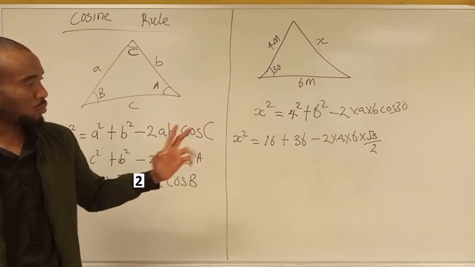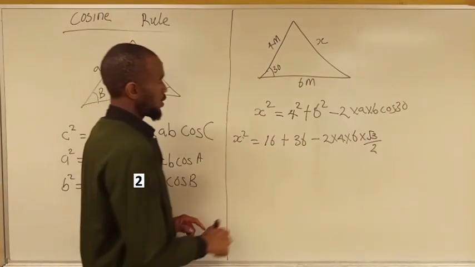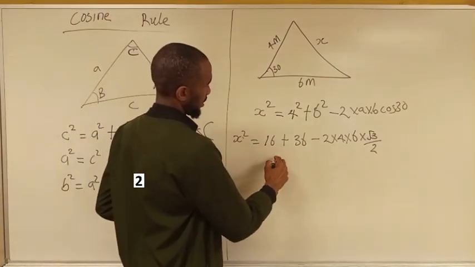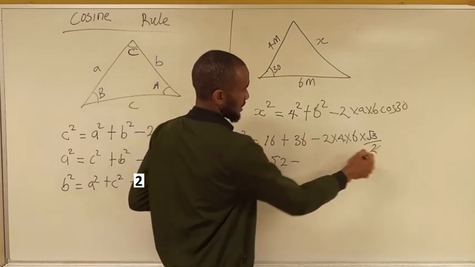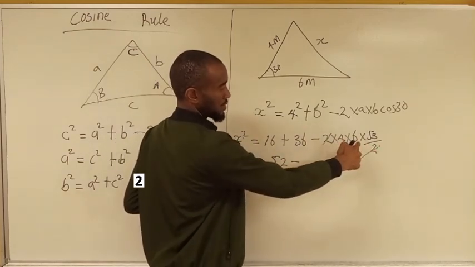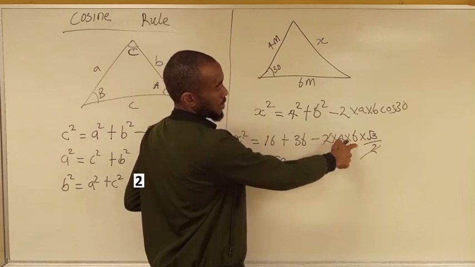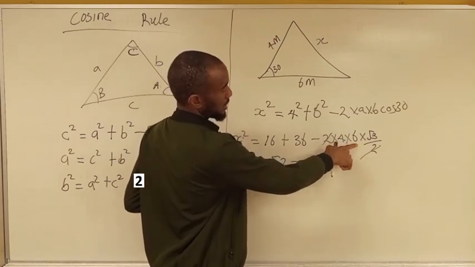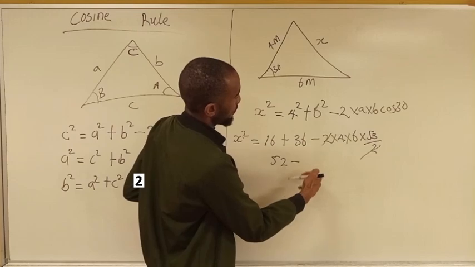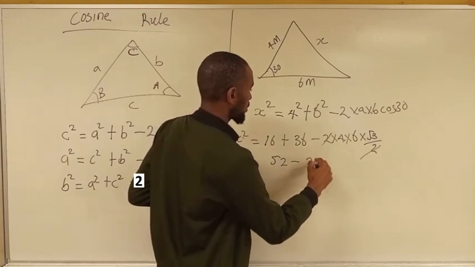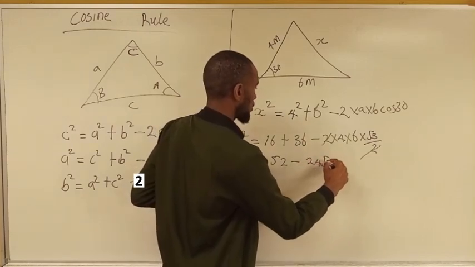To break this down further, we have 52 minus this, and this goes, so that 4 times 6 is 24, so I have 24 root 3.